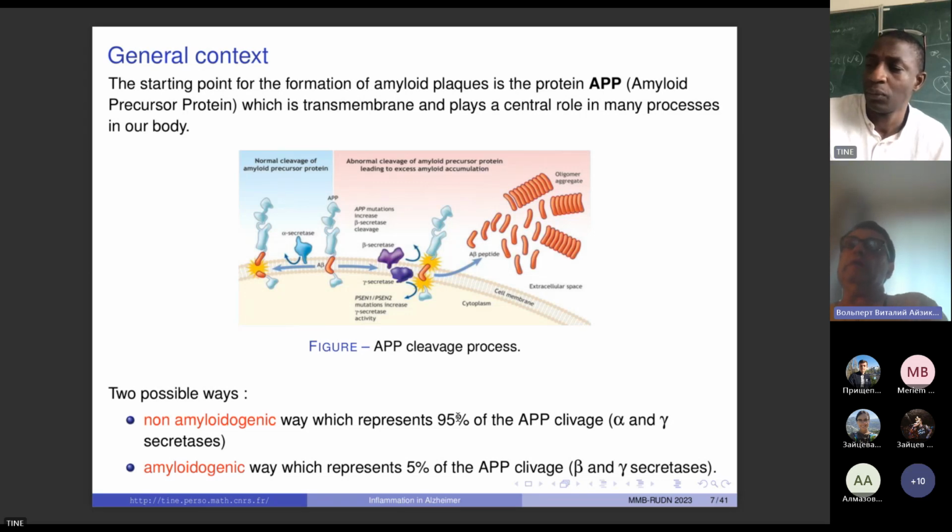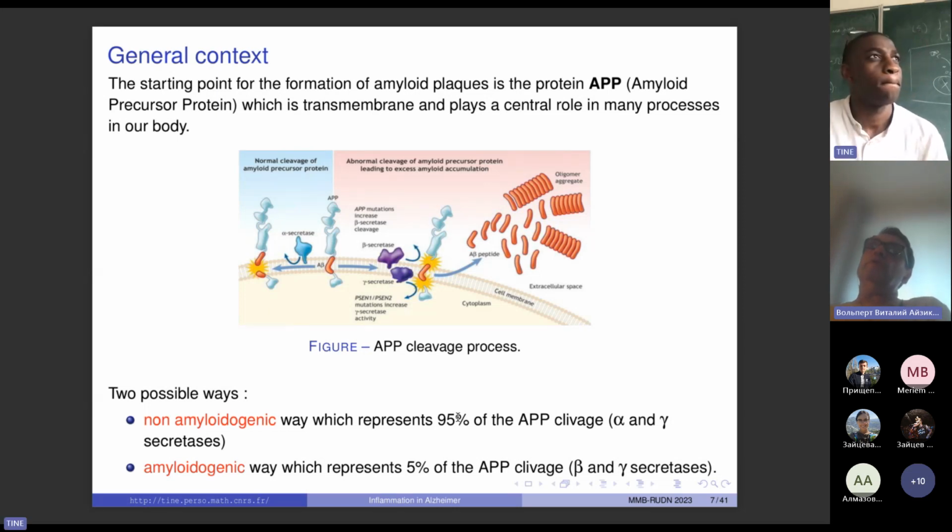Here it's microglial cells, but they are similar to macrophages. There are different types of macrophages: pro-inflammatory, anti-inflammatory. We know that inflammation plays an important role in the immune response, which is really very important as a part of the immune response of our organism to different diseases.